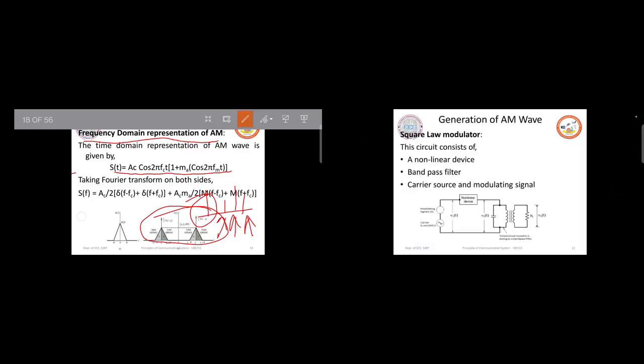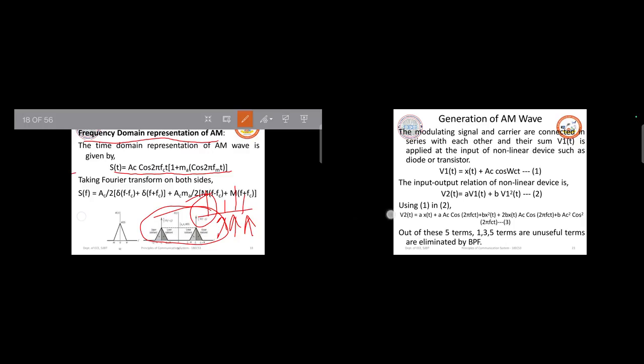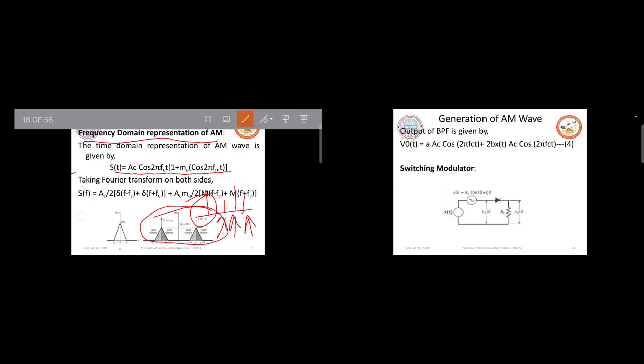So this is basically the circuit diagram of a non-linear device and the band pass filter connection, which is a square law modulator. To understand the basic operation of this, we'll have to write a few equations of a non-linear device.